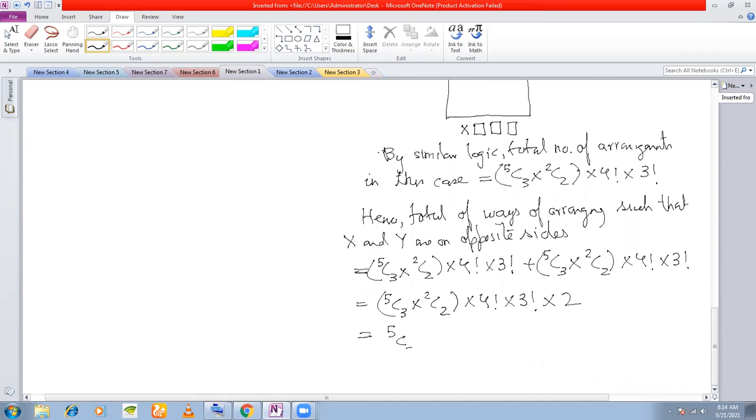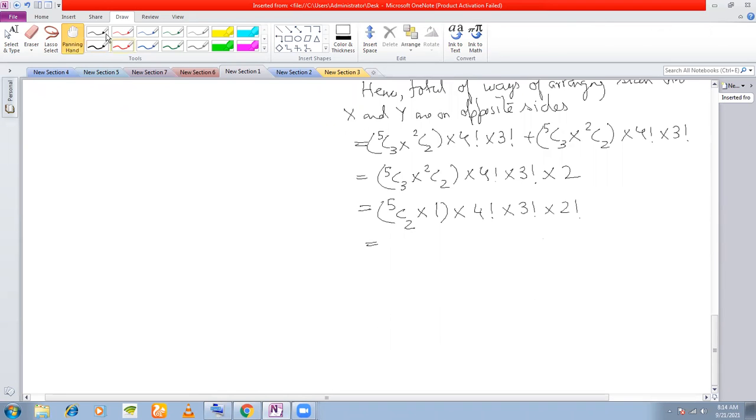This is equal to 5C2 into 1 into factorial 4 into factorial 3 into factorial 2, and 5C2 can be calculated as 5 into 4 by factorial 2, which is 2, into factorial 4, this is simply 2, not factorial 2, into factorial 3 into 2.